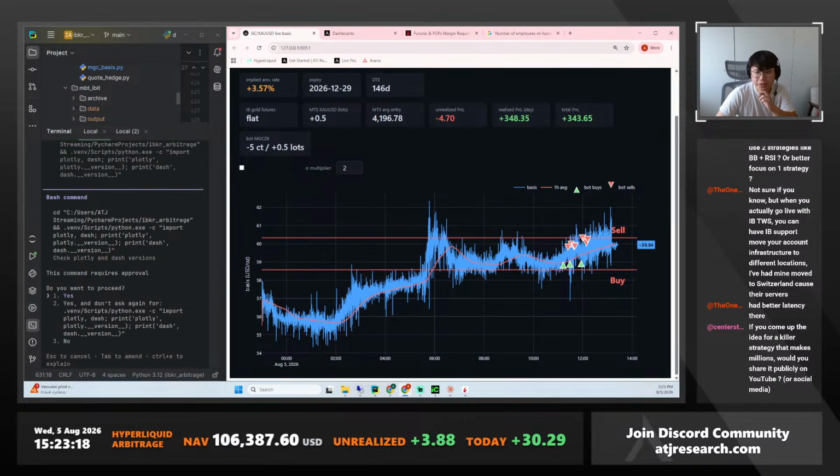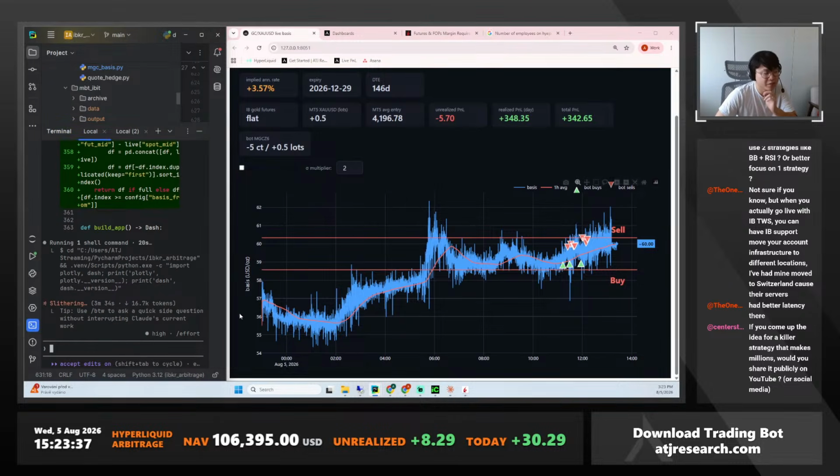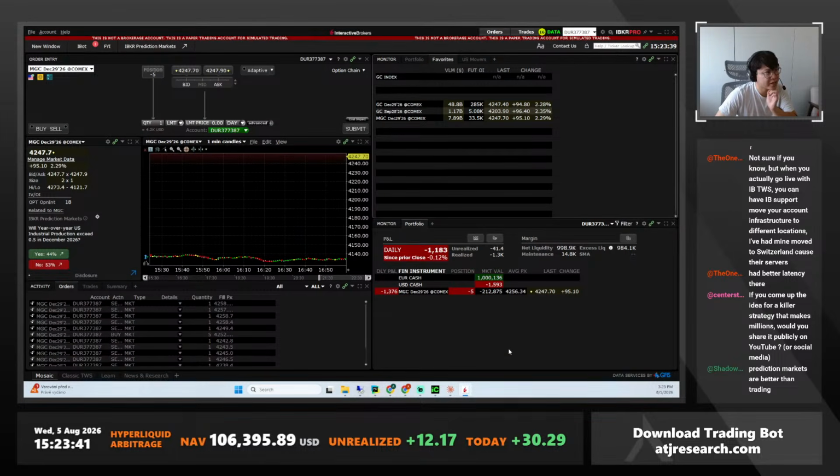Not sure if you know, but when you actually go live with IB TWS, you can have IB support move your account infrastructure to different locations. I had mine moved to Switzerland because of their servers. I assume that based on my location, it automatically directs me to the closest server.